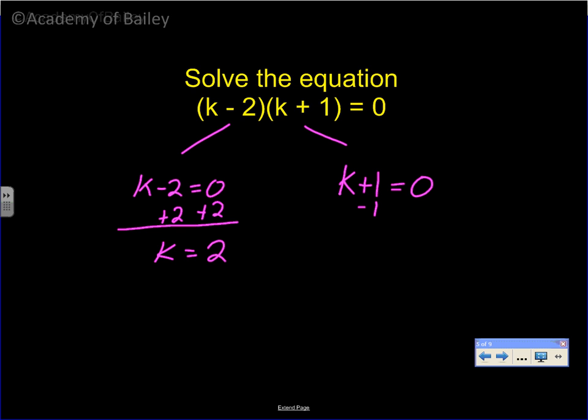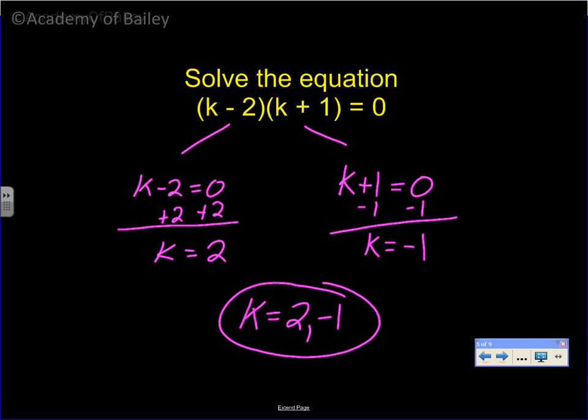On the right side, subtract 1 from both sides, so k should be equal to negative 1. So your solutions, k is equal to 2 or negative 1. It can be either one or the other. It's not going to be both numbers at the same time.